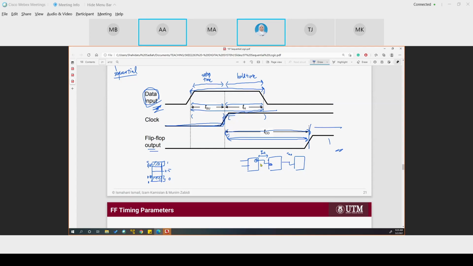But if the data input makes the output toggle, you will not get the correct output. So it must be in this range if you want to take the output and connect it to another flip-flop or another gate. This timing cannot be violated.